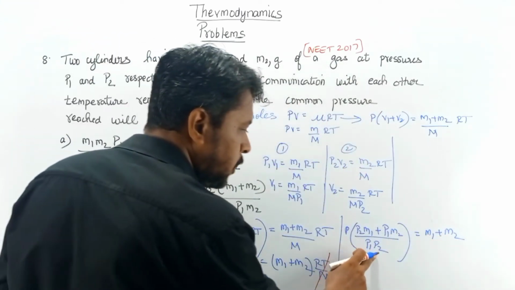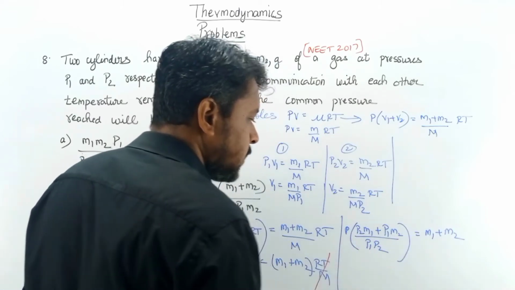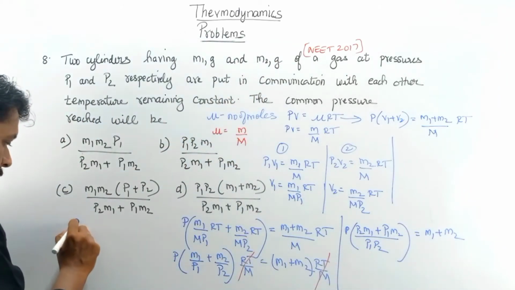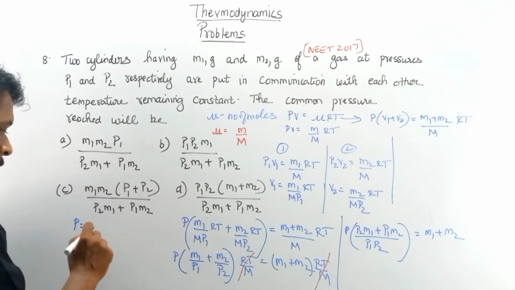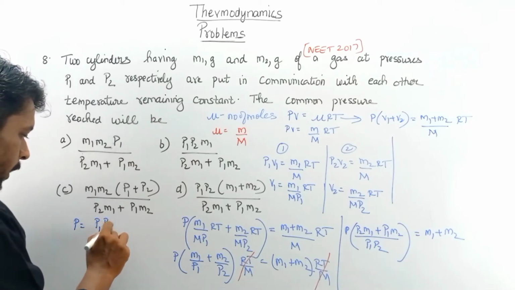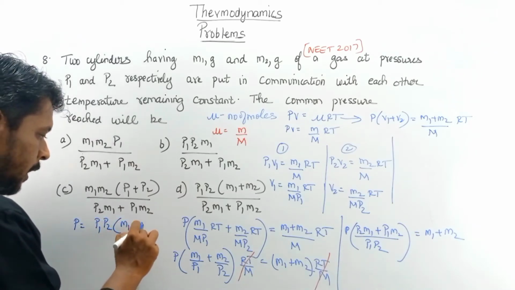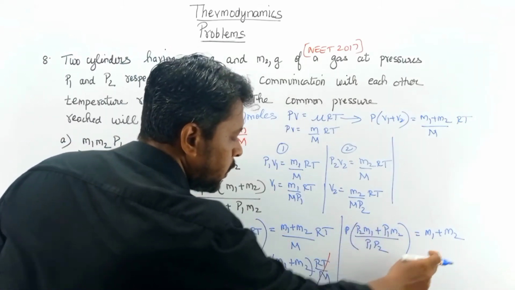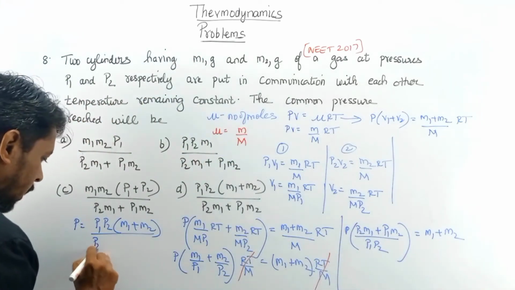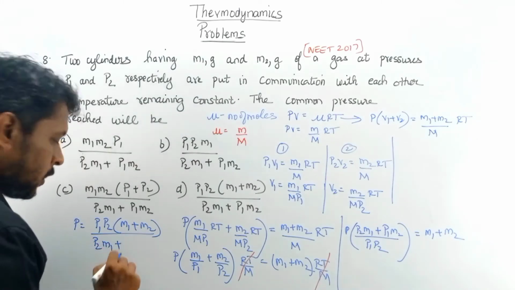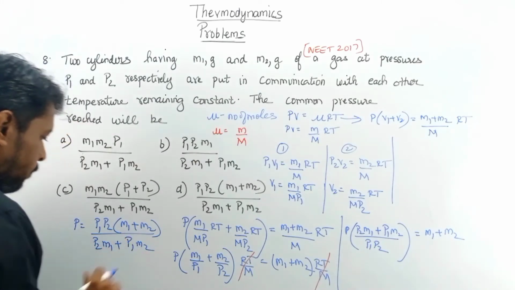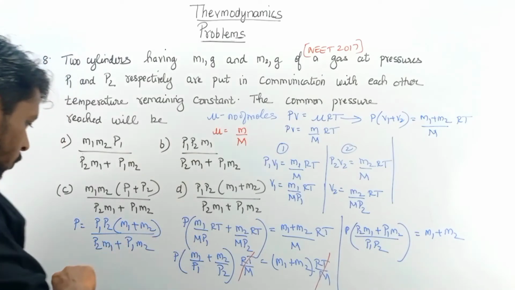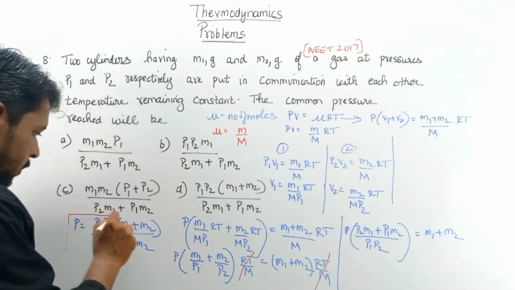Now take this denominator P1 P2 to the right hand side. The expression changes as P is equal to P1 P2 (m1 plus m2) divided by (P2 m1 plus P1 m2). This is the final expression for the value of P.